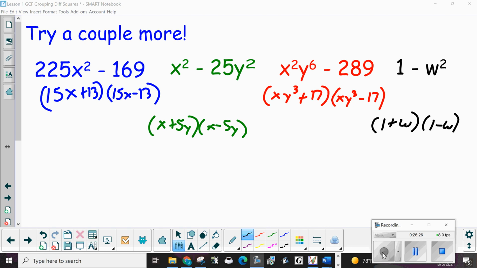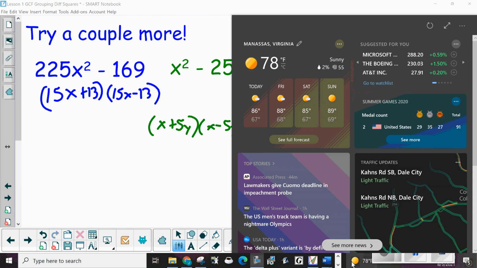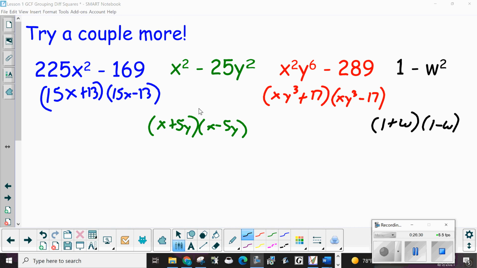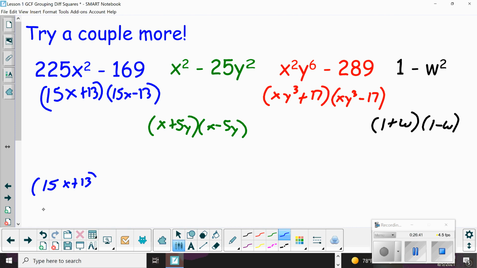Now, one thing that I do want to mention, because I'm not sure why or how sometimes students do this, but occasionally I will have students who will give me the factors like this. Okay, that's not how we write things.